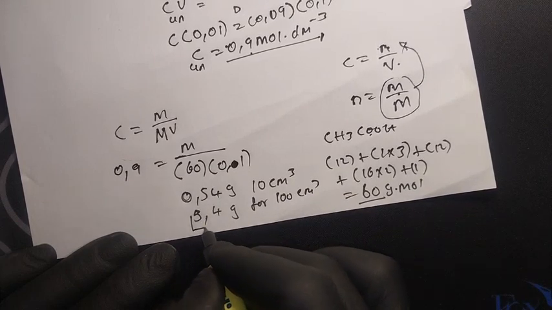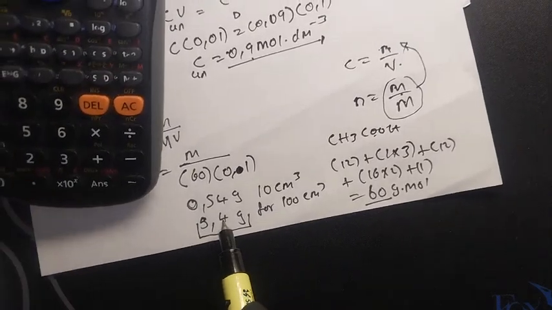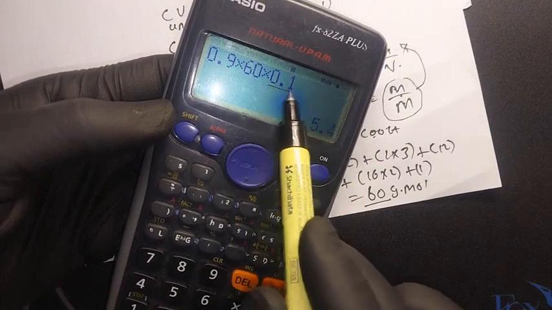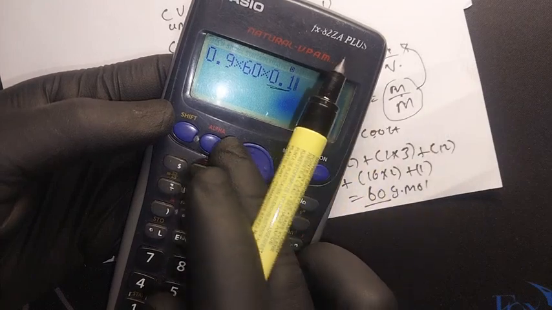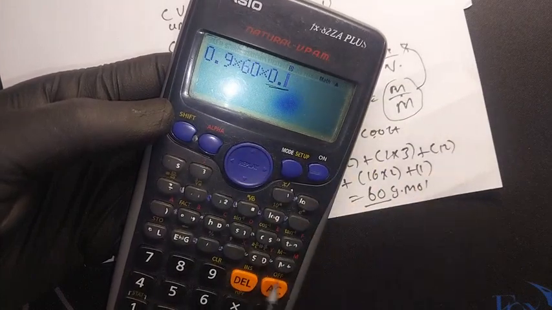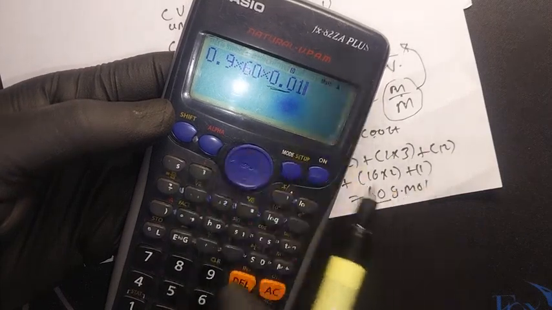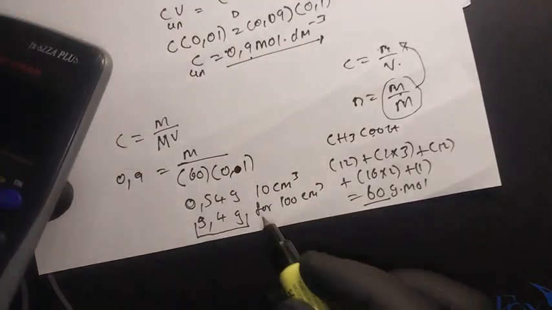As you can see here, 0.9 times 60 times 0.1, so for every 100 centimeter cube, the mass is 5.4 grams, whereas for every 10 centimeter cube it's 0.54.